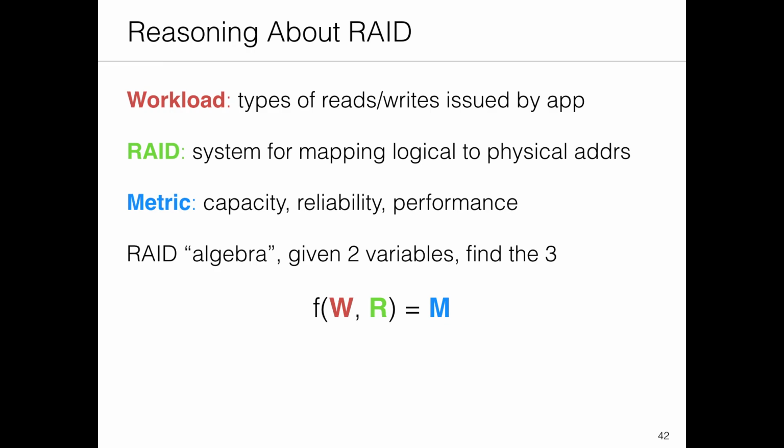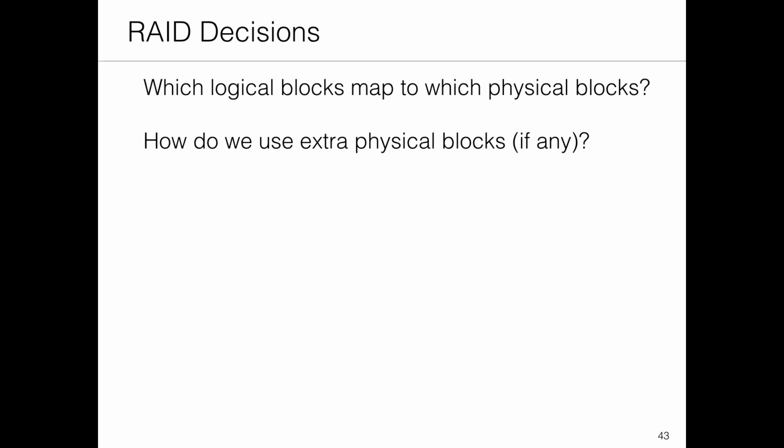And the metrics we are going to use are capacity, reliability, and performance. We'll look into details of the exact metrics. And in RAID, the most important question becomes the mapping question. How do we map logical blocks to physical blocks? Now we'll have different variations of this, which are going to be different RAID levels.